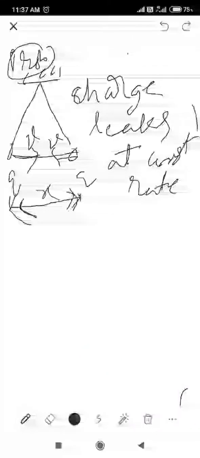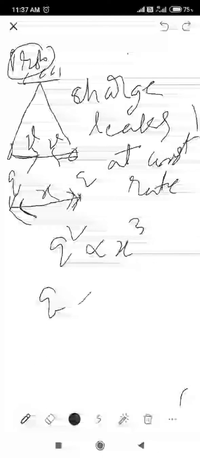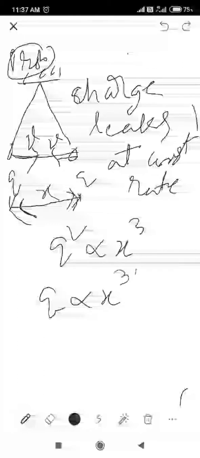Just now we have seen q square is proportional to x cube. This is the relation between q and x under the condition x is very very small compared to length of the thread. Now if you take square root on both sides, you can write q is proportional to x power 3 by 2.